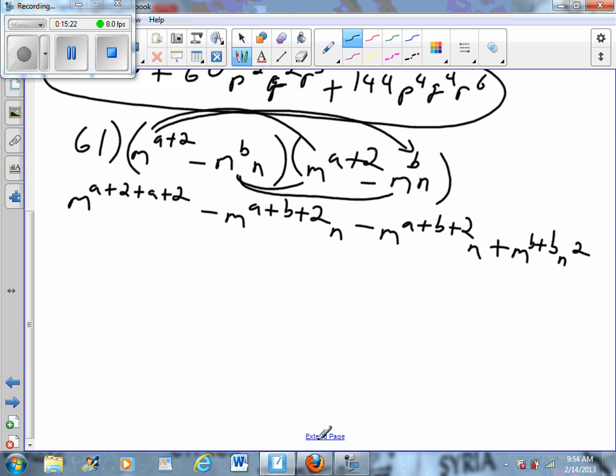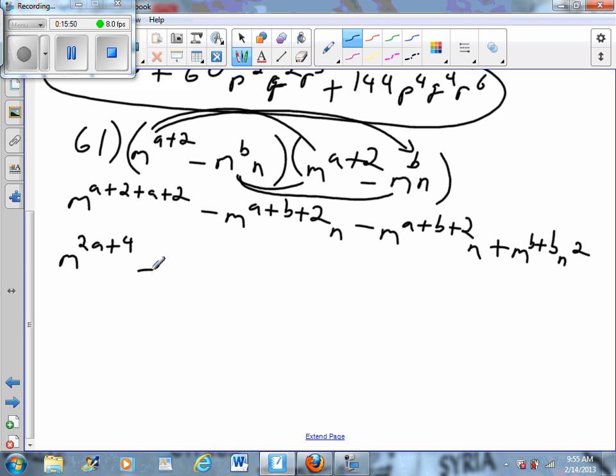What about this? What's a plus a? 2a, and then 2 plus 2 is 4, so I can write my first term as m to the 2a plus 4. And then my two middle terms are identical. Well, they're like terms, and they're going to combine into a bigger term. So when I add these together, I have two of them, right?